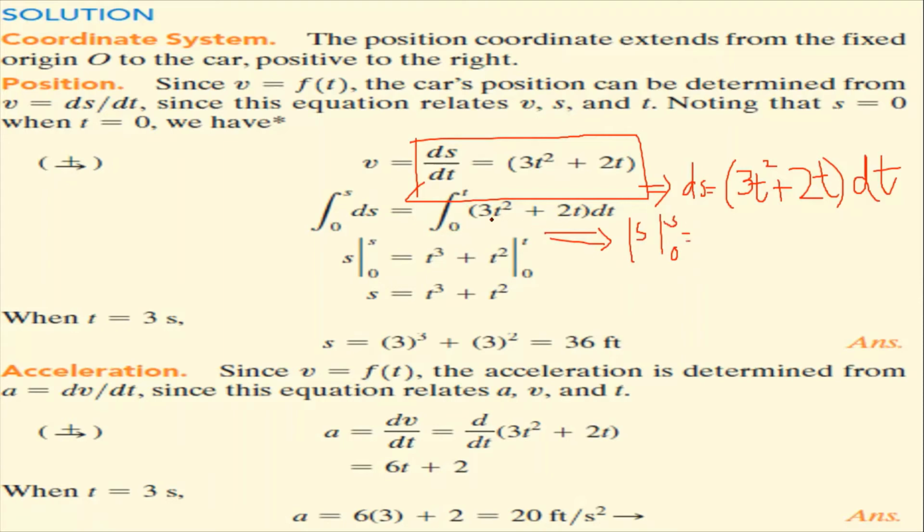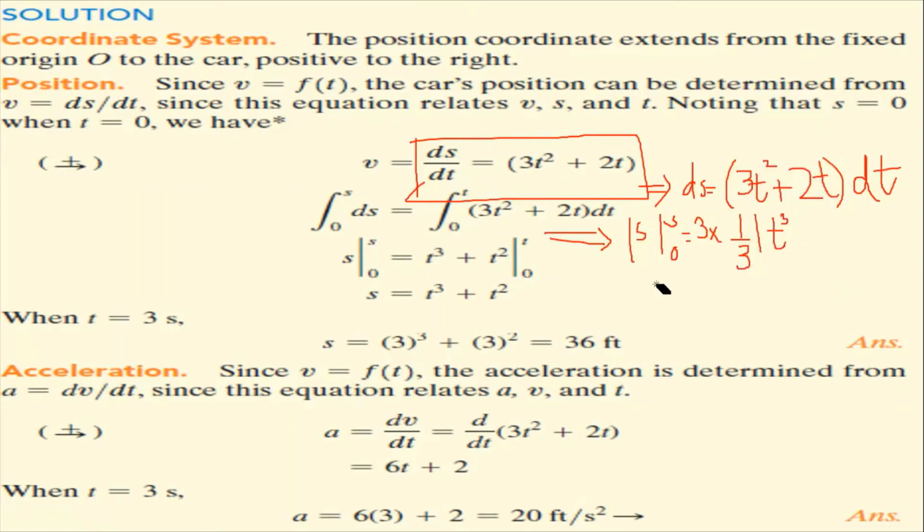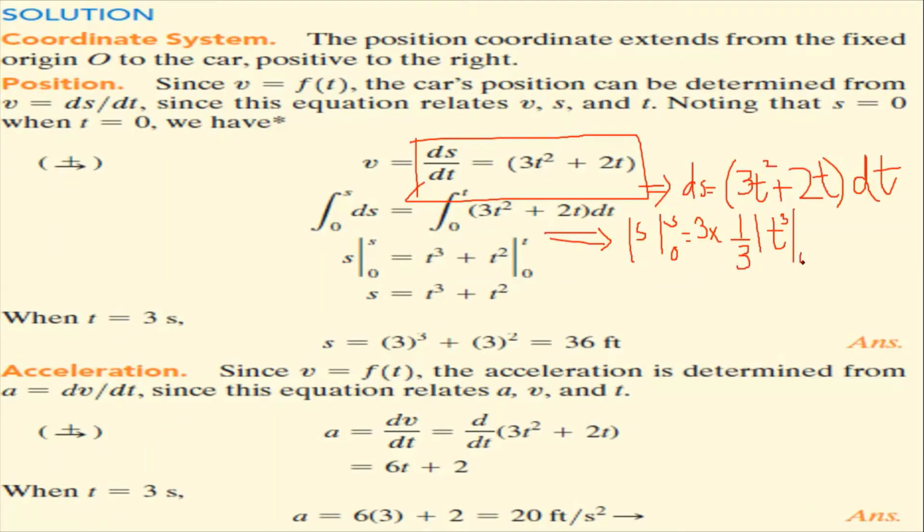When we integrate 3t square, it will become 3 into 1 upon 3, so it will be t cube, with limits 0 to t, plus 2 into 1 upon 2 due to integration, t square, 0 to t. You know how to apply the limits.